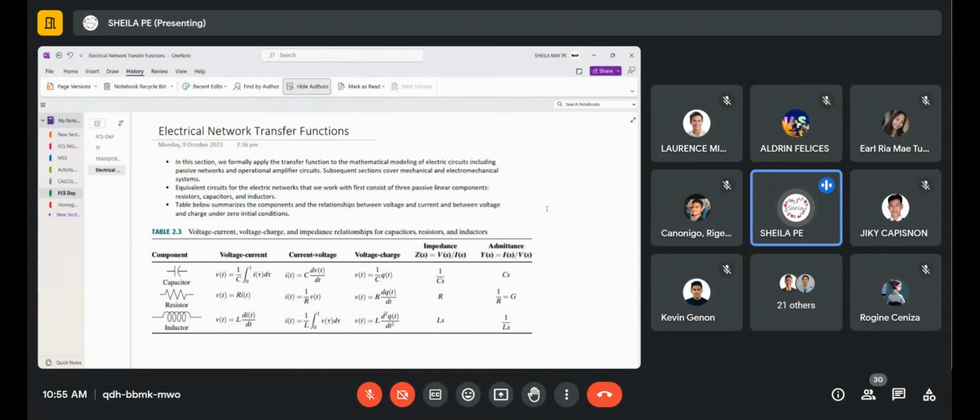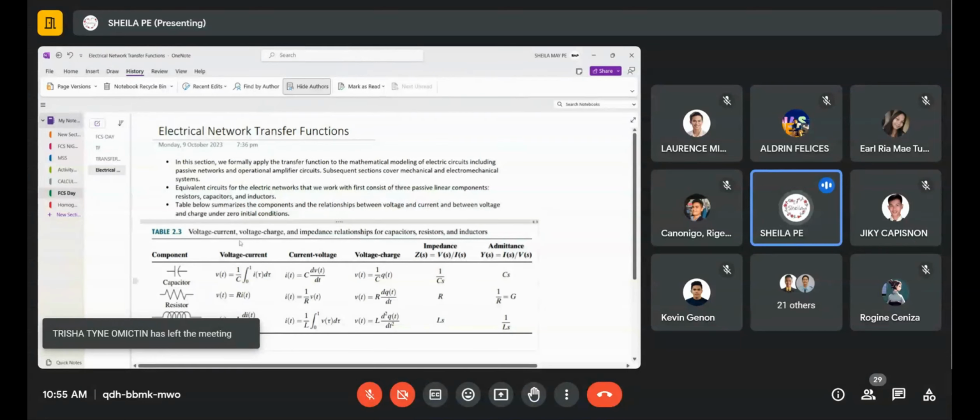The first consists of three passive linear components: resistors, capacitors, and inductors. The table below summarizes the components and the relationships between voltage and current and between voltage and charge under zero initial conditions.